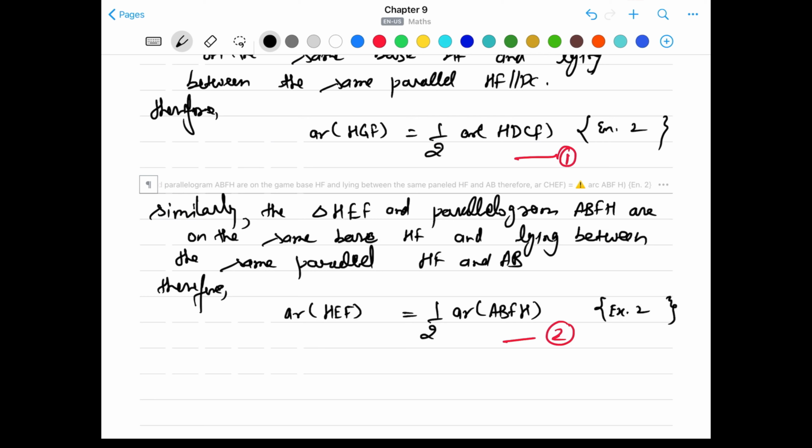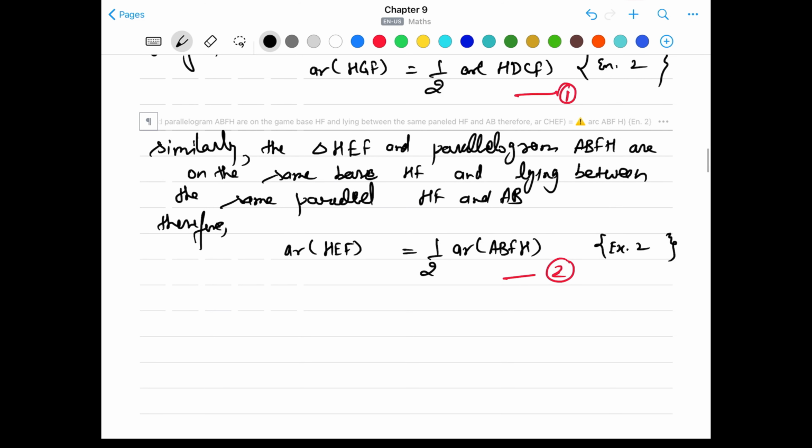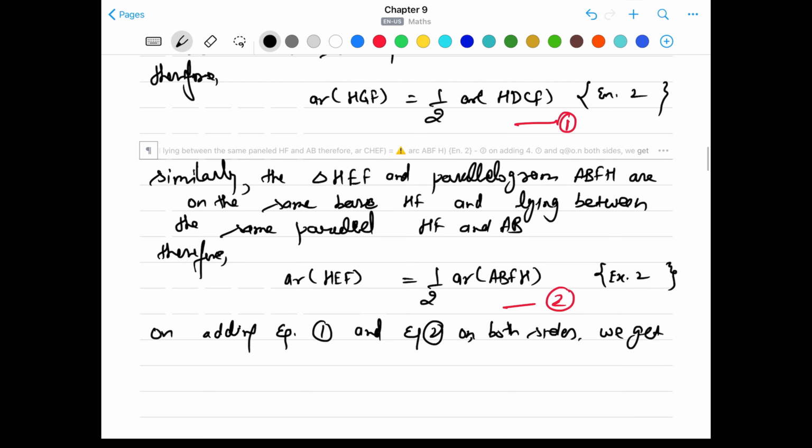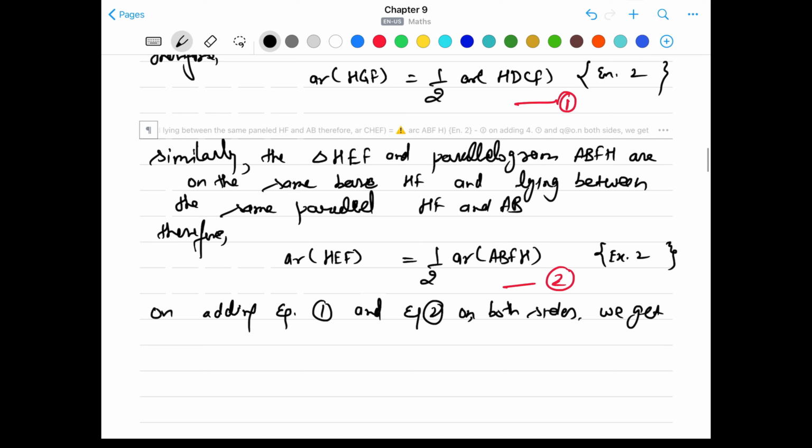Okay, so now what we are going to do is add the two equations. On adding equation 1 and equation 2 on both sides we get: we'll add the left hand side terms to the left hand side terms and the right hand side terms to the right hand side terms.